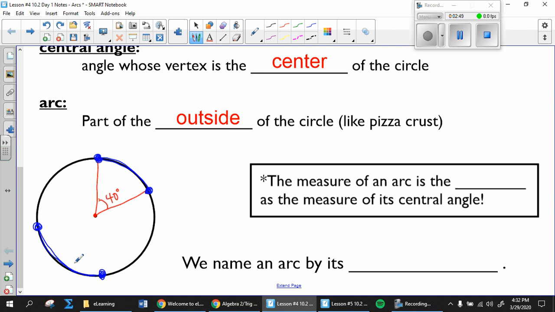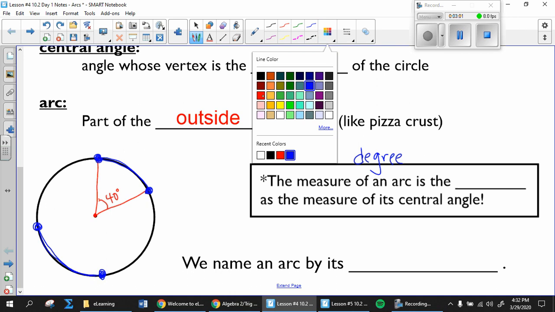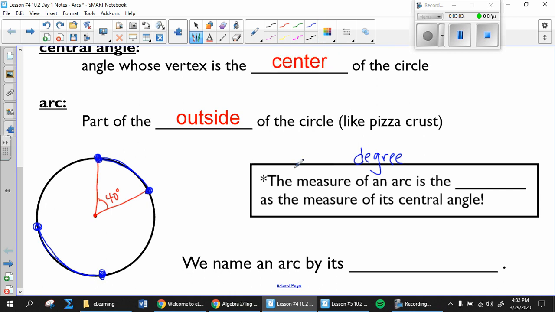The way that we find the measure of that arc, we always label the measure of the arc in degrees. Just like we label the central angle or any angles by degrees, we also label the arc by degrees.